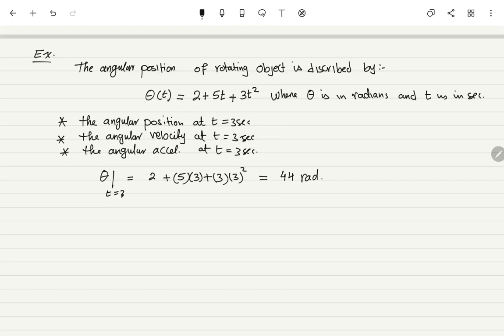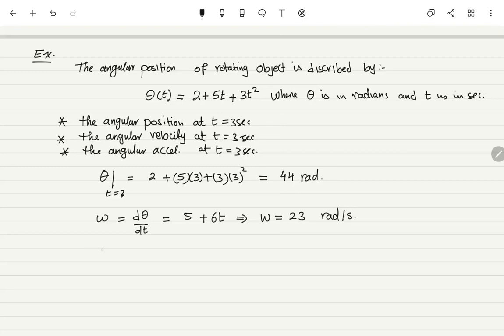Now the angular velocity, omega, is equal to d theta by dt, which is the first derivative of this theta, which equals 5 plus 6t. You substitute t equal to 3, so the answer will be omega equal to 23 rad per second.